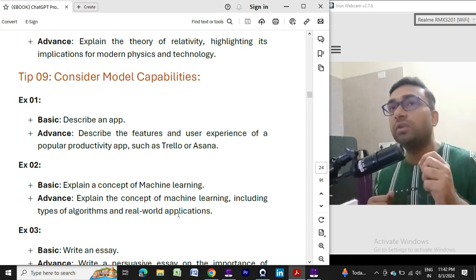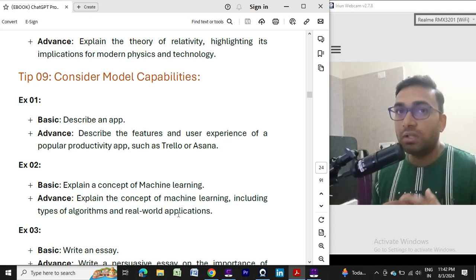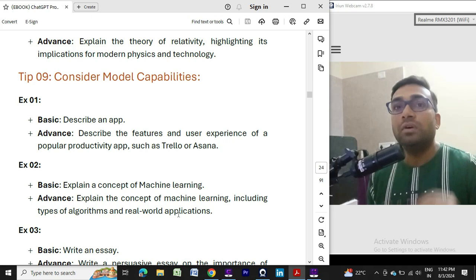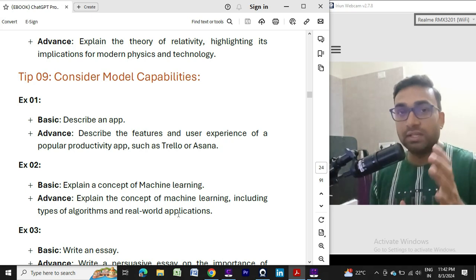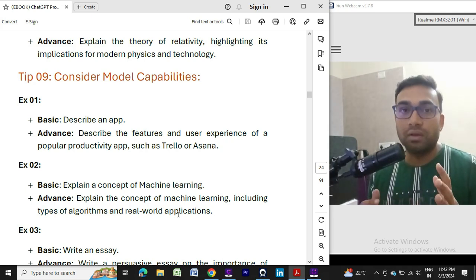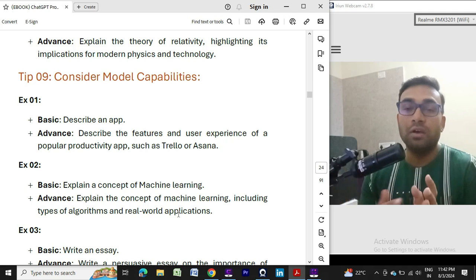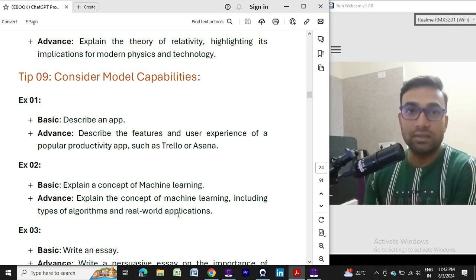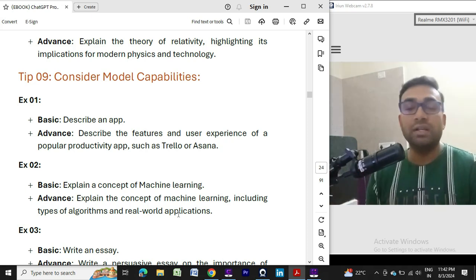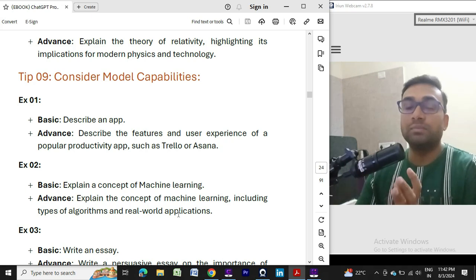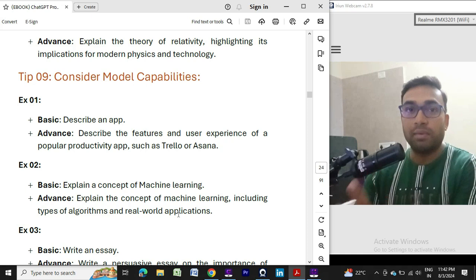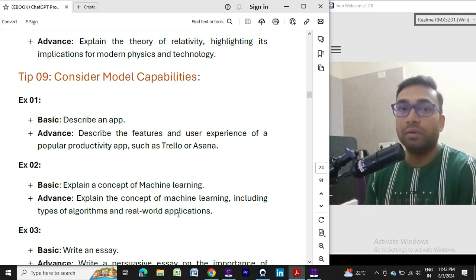I tell ChatGPT to take inspiration and model the website on Amazon or Flipkart, take all the features, benefits and all those things, and provide me the details.